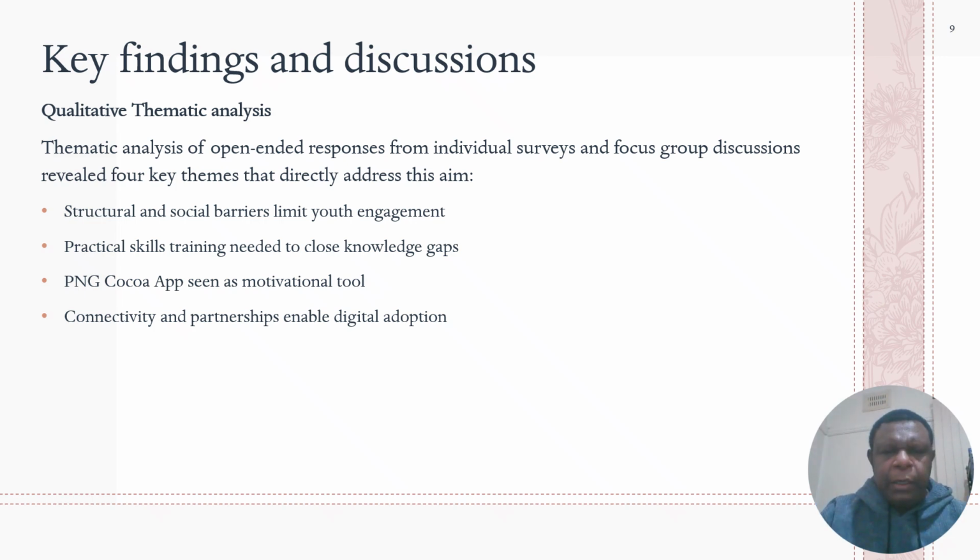Practical skills training is needed to close the gaps. The PNG Cocoa app is seen as a motivational tool, and connectivity and partnerships are crucial to enable digital adoption. These four key themes are identified as key strategies to address research aim 1.